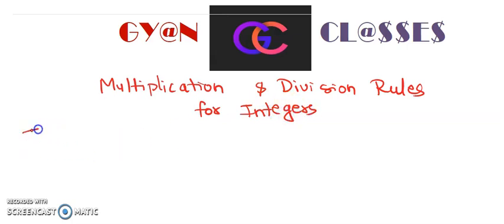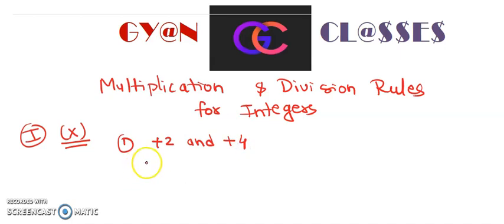First of all, let us start with multiplication of two integers. Rule number 1. Suppose we have one integer as plus 2 and another integer as plus 4.